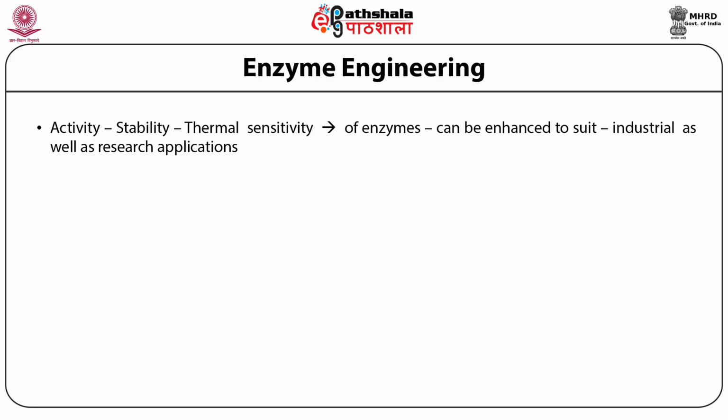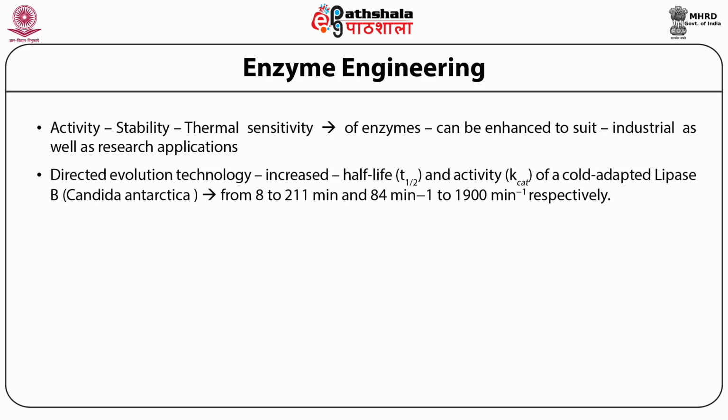In this direction, one can use directed evolution technology, which can increase the half-life and activity of cold-adapted enzymes. One such example is lipase B, which was isolated from Candida antarctica, where the half-life of this enzyme after engineering was changed from 8 to 11 minutes, and the activity of the enzyme was shown to be increased from 84 per minute to 1900 per minute respectively.